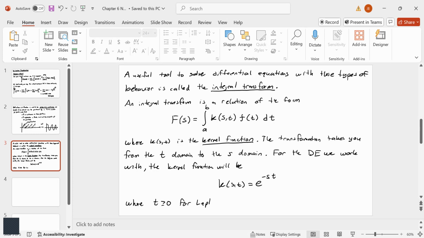For Laplace, if I remember correctly, Fourier assumes that t can be negative infinity as well, but for Laplace, it's going to be positive infinity.